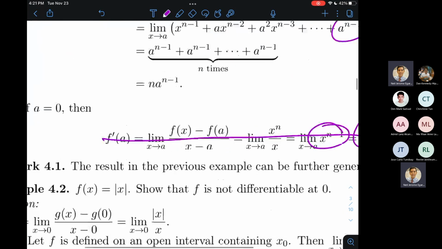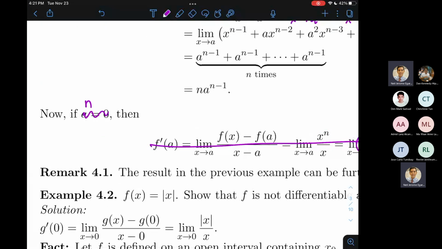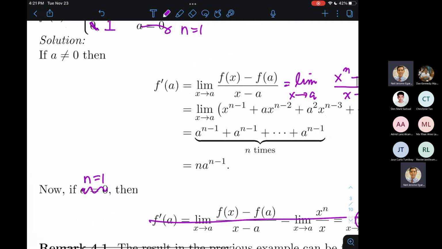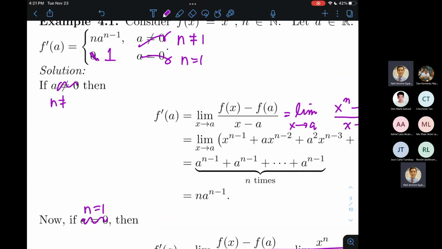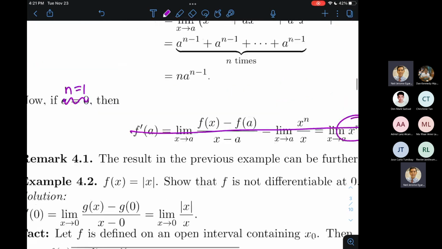So yung f prime of a, so ito dapat ay n equal to 1. Ito ay n not equal to 1. Alright? So kapag si n ay equal kay 1, yung f prime of a will be x minus a all over x minus a.